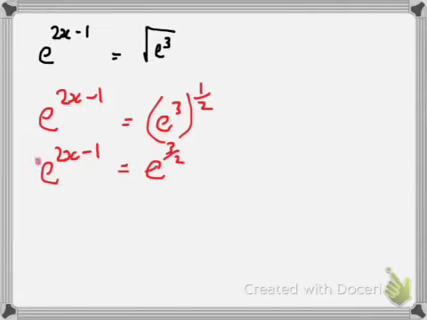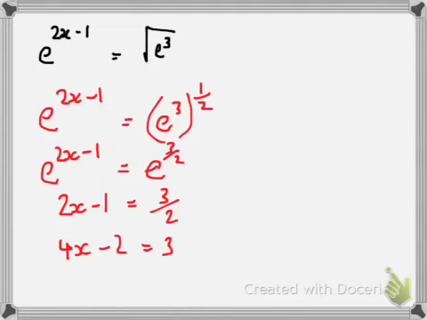As in the last problem, now I've got e on both sides, so I can drop the e's out, and I've got 2x minus 1 equals 3 on 2. Multiplying through by 2, I get 4x take 2 equals 3. 4x equals 5 by taking that negative 2 across. Therefore, x equals 5 on 4.